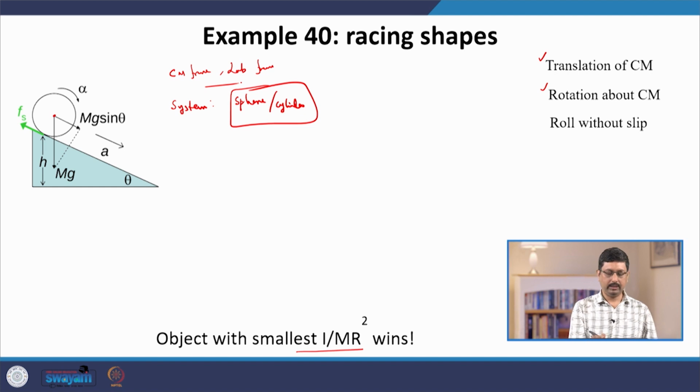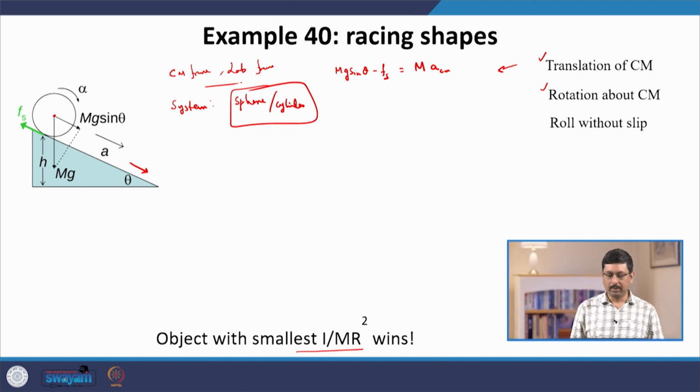The translation of the center of mass is determined by the net force acting on the system. Taking the direction down the inclined plane, the net force is mg sin theta minus the friction F_s, and this determines the acceleration of the center of mass.